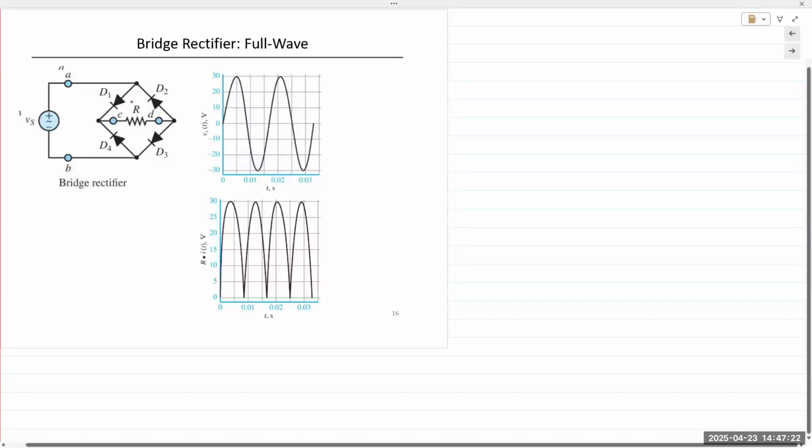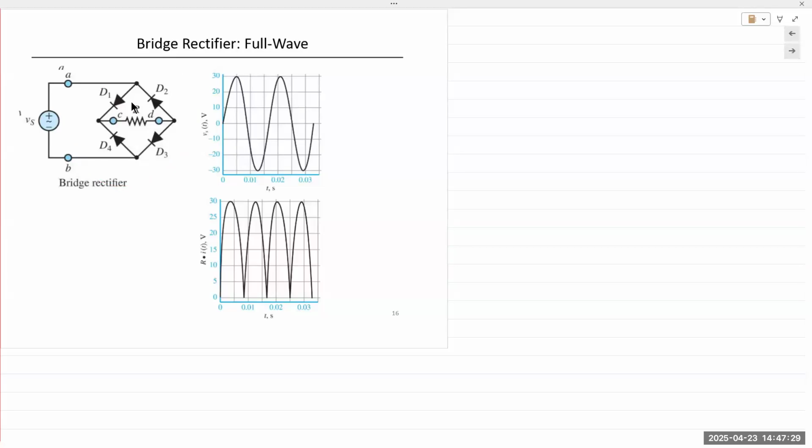If you take a look at the circuit diagram, there's about 12 minutes left, so I'm going to do this at a higher pace. If you look at these diodes, D1, D2, D3, D4, the resistor spans like a bridge between the two outputs. Of the four diodes, two are pointing up and two are pointing down.